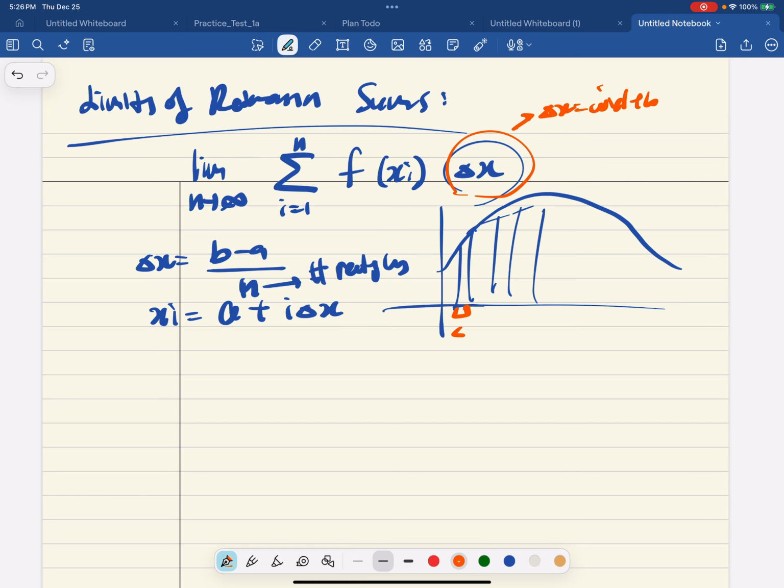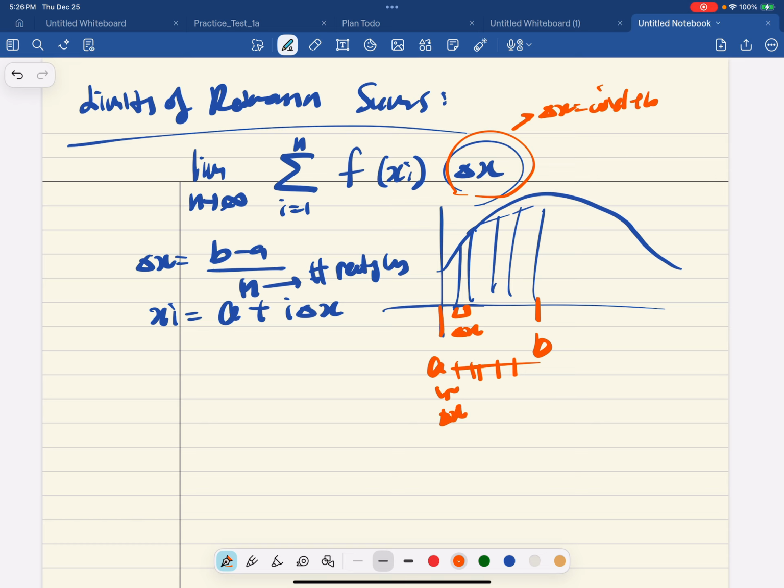That's why delta x is equal to b minus a divided by n, because that's b, that's a, so b minus a is the length from a to b, and you divide it by the number of rectangles, which obviously gives you the width of your rectangle.